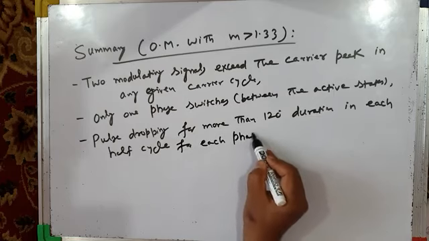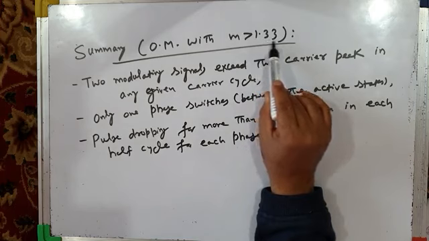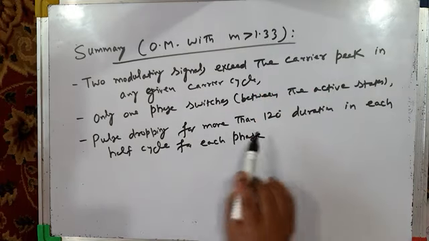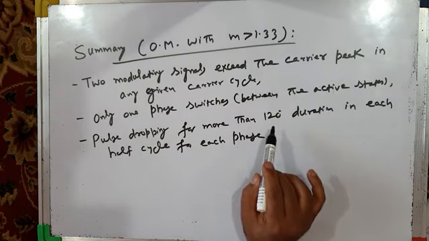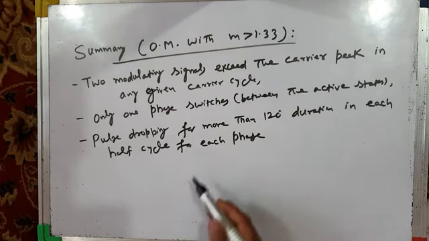Just recall, few minutes back I have shown you in the waveform that pulse dropping occurs for more than 150 degrees. That was for m equal to 2. So m greater than 1.33, that is 1.33 to 2, your pulse dropping will be always greater than 120 degrees. And it may be as high as 150 degrees or even more than 150 degrees. For example, for m equal to 2, we have observed that pulse dropping for more than 150 degree occurs.